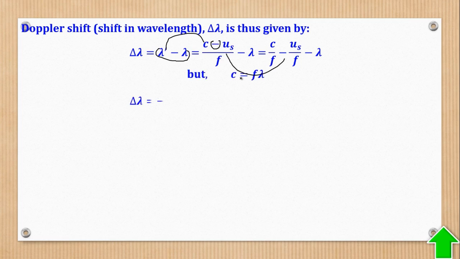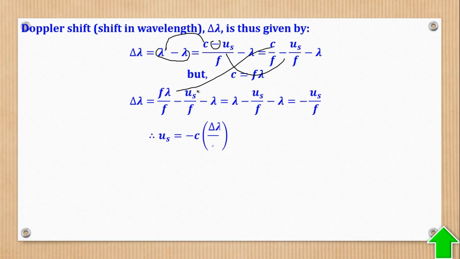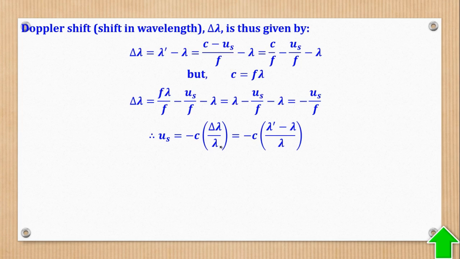But we know that C is equal to F lambda. Therefore, substitute for C here. And here this cancels, and you remain with a negative. Now we are dealing with a negative. So away from the Earth it is positive, towards the Earth it is negative.